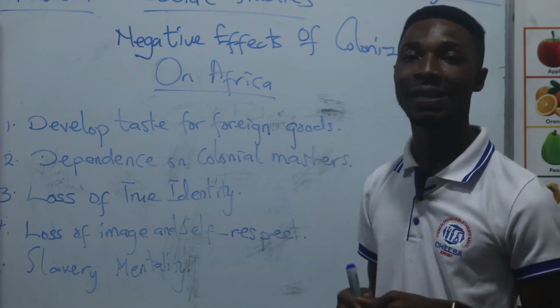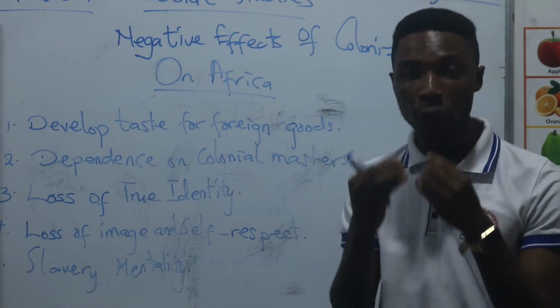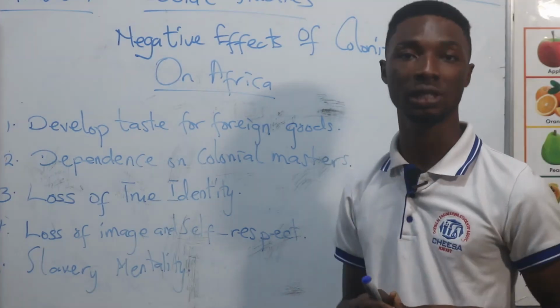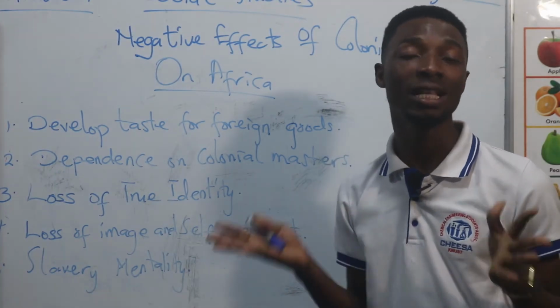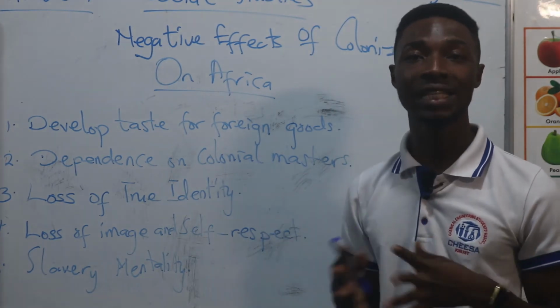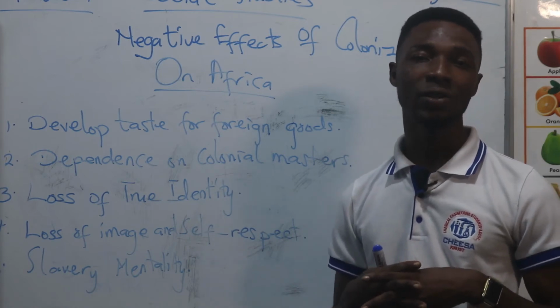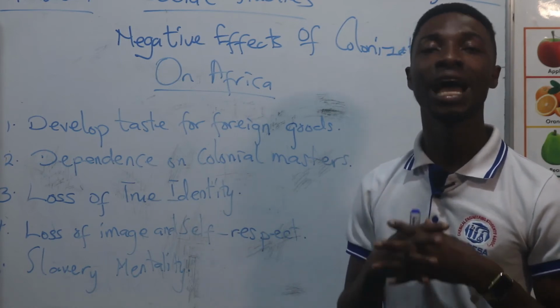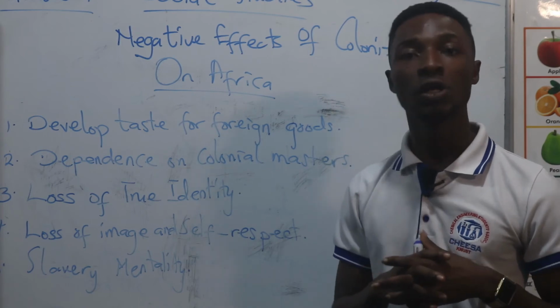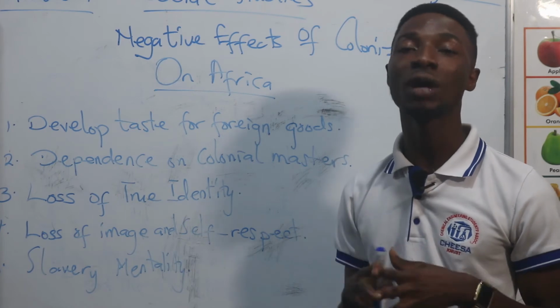We are not interested in the clothes, the footwear, and even the food that our local women produce. We are interested in Western lifestyle, Western food, Western music, Western clothes, everything Western. Okay? So as a result of colonization, Africans have developed strong taste for continental goods and services than our locally made ones.